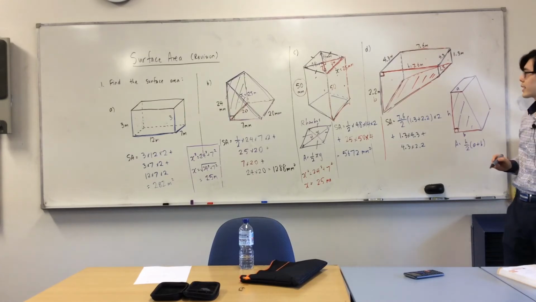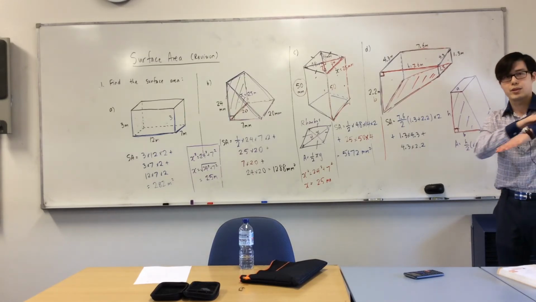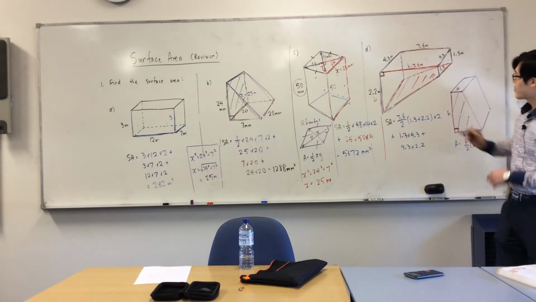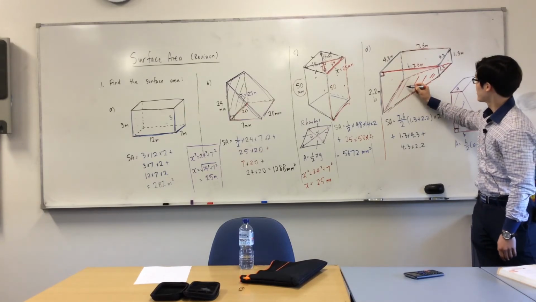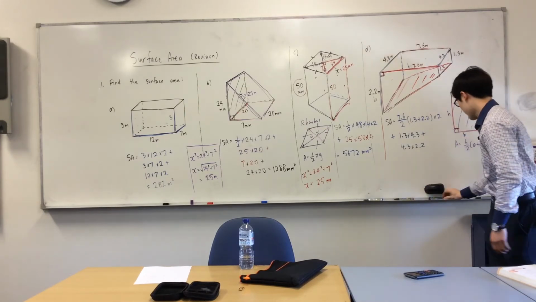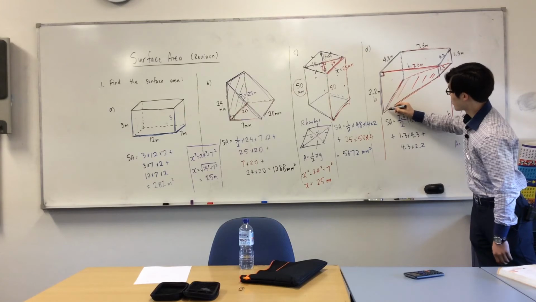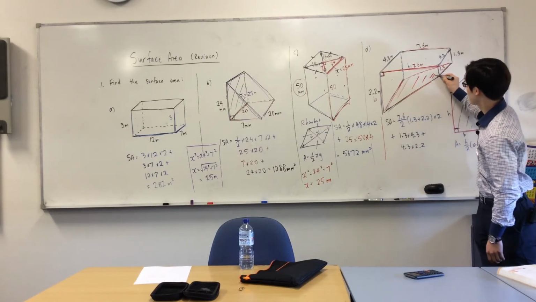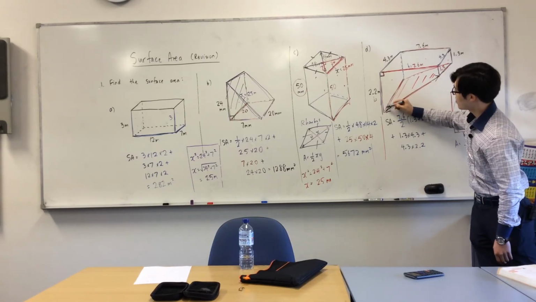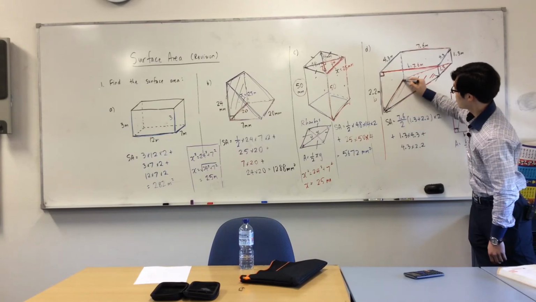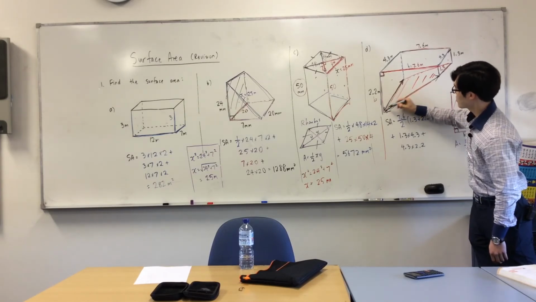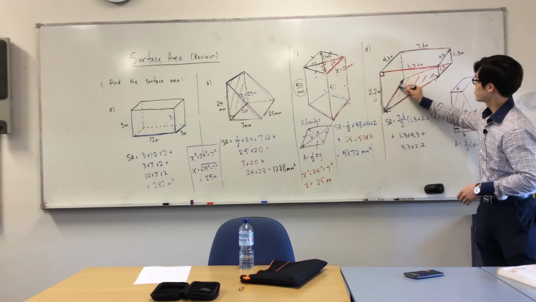Can you picture it? It's just a rectangle in real life. Now, in order to find this area, let me do it in a different color pen. I need to know what this is, and I need to know what that is.